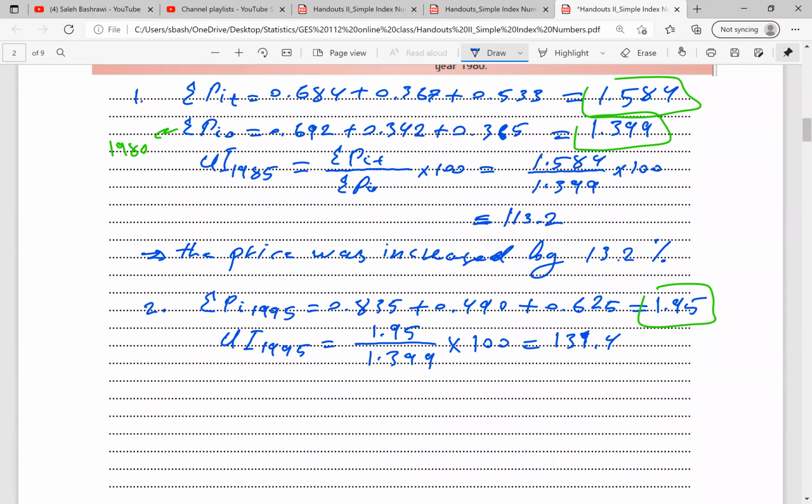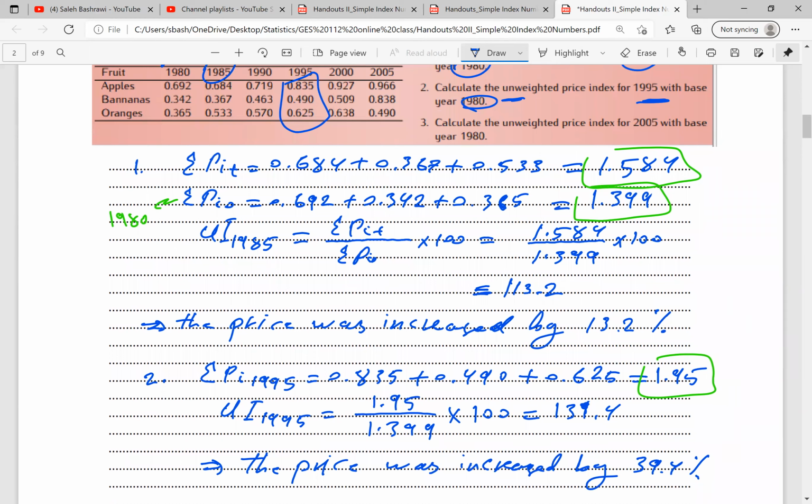So this means the price was increased by 39.4%.